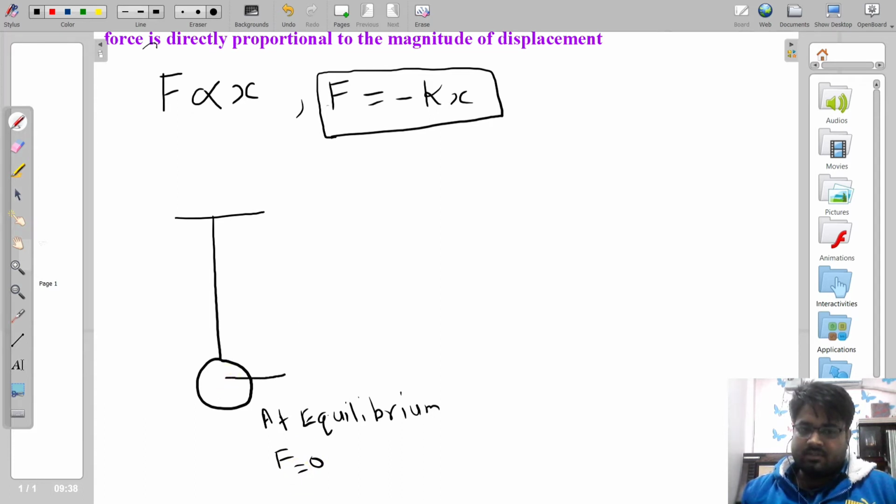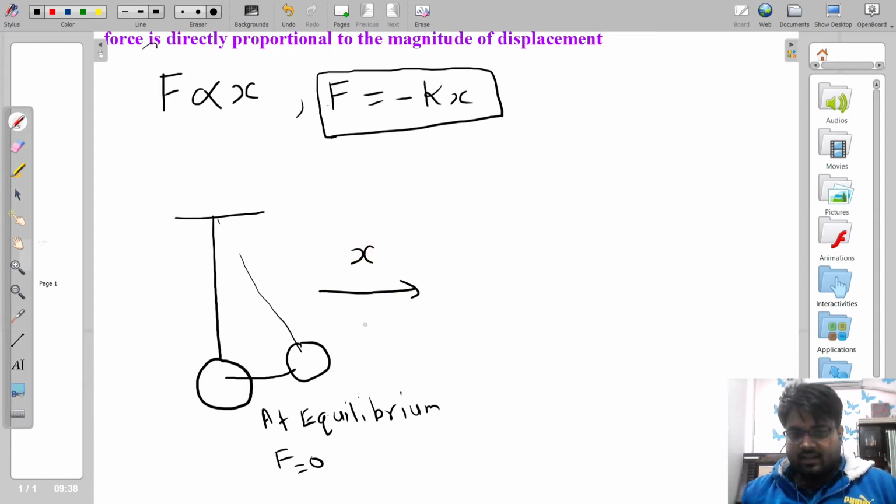Now we give some displacement on the right hand side, x. After releasing it, it tries to move towards the left hand side, where the equilibrium position is. As you can see, in this case the direction of force and the displacement is opposite.